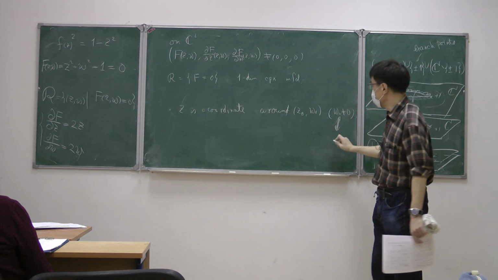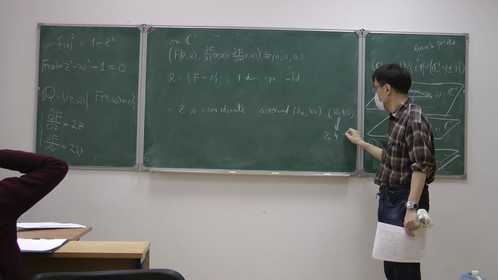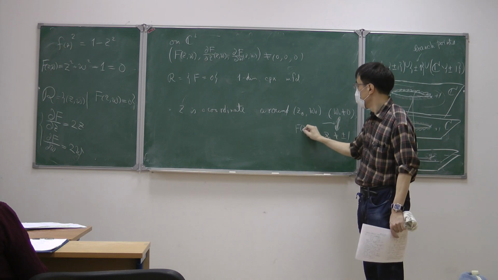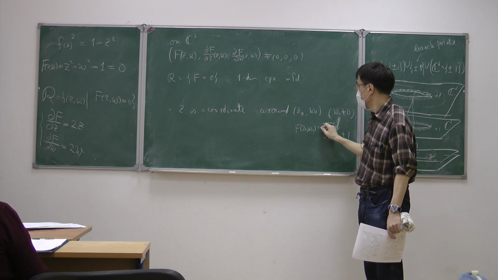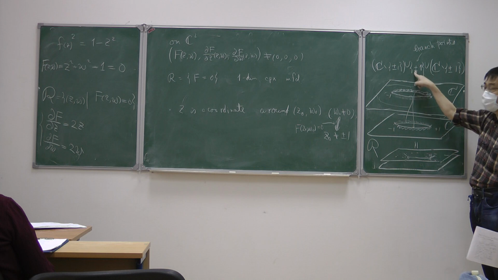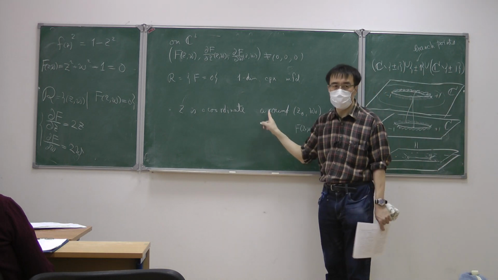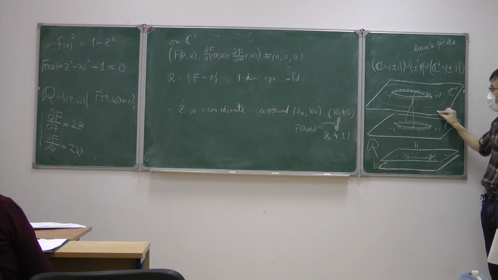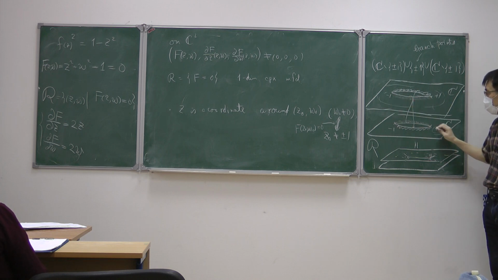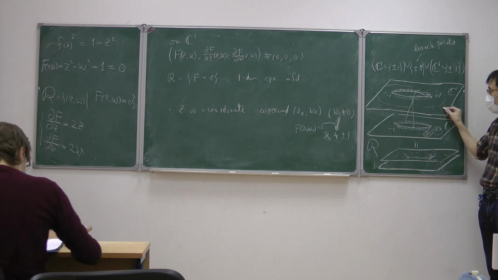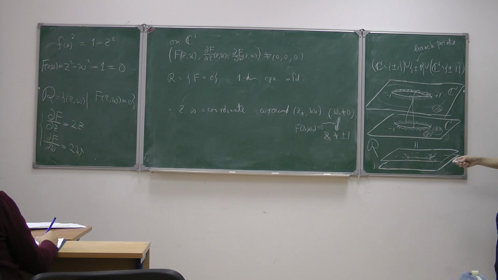So this condition means that, except for these branch points, we can use z as a coordinate, as is expected from this picture. Namely, we can take a small domain on which we can use z as a coordinate.